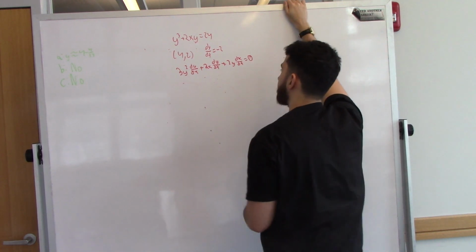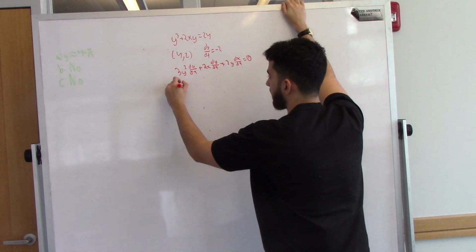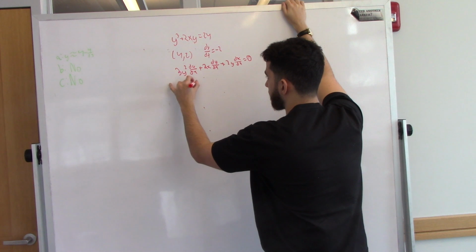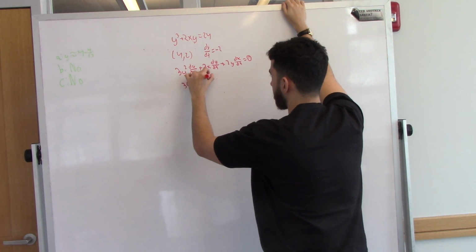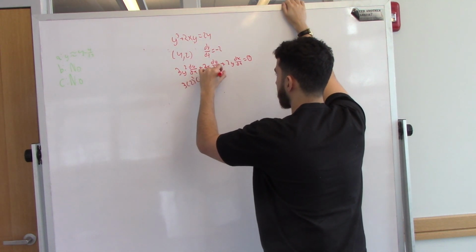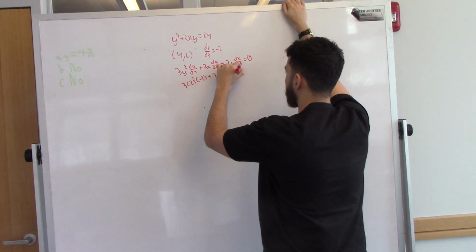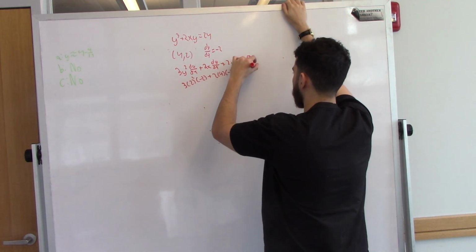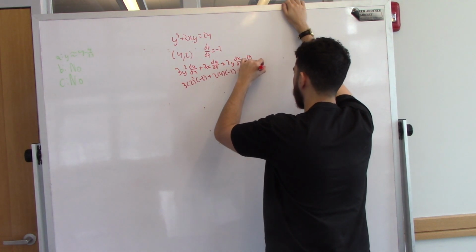All right, now just plug and chug. We get 3 times 2 squared times negative 2 plus 2 times 4 times negative 2 plus 2 times 2 times dx dt equals 0.